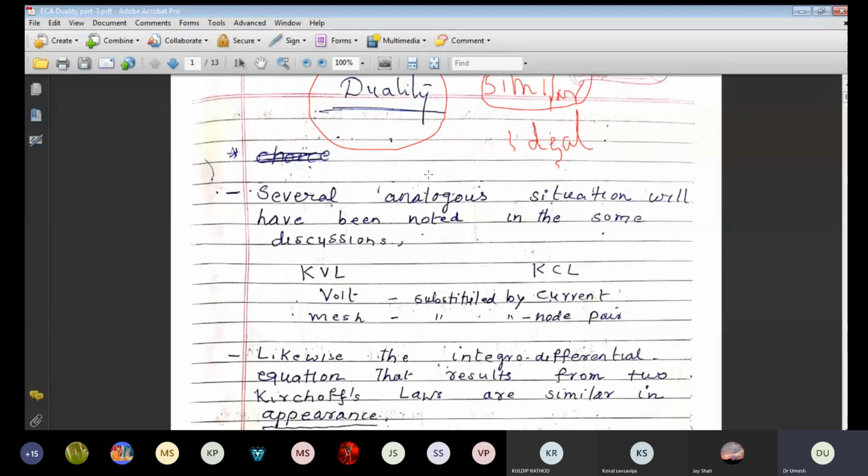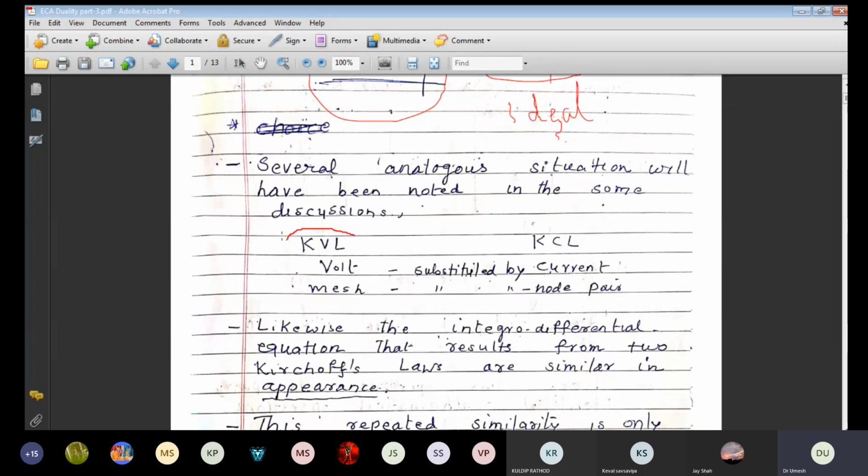Now we know that we have several analogous situations in the network. For example, if we use Kirchhoff's voltage law, then we have to use it with mesh analysis or loop analysis. In loop analysis we cannot use Kirchhoff's current law, because current law is used for parallel circuits.